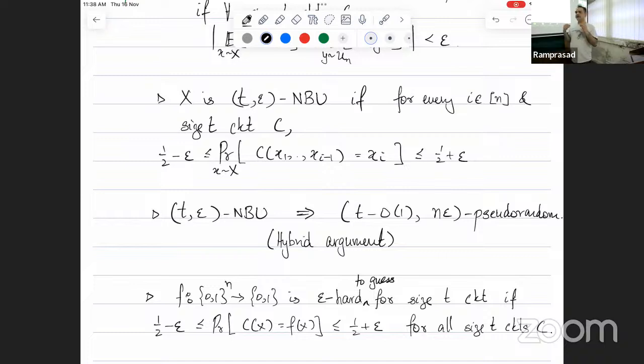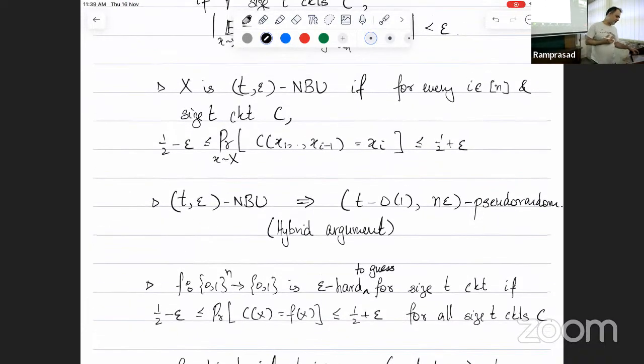Given an input x, if you just guess the value 0 or 1 randomly, you're right with probability half. You want to say there is nothing spectacular you can do with a small circuit. You might get a little better than half, a half plus epsilon or a half minus epsilon, but that's okay. You can't get advantage better than epsilon. So that's what hard to guess meant.